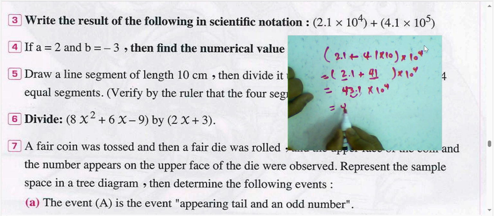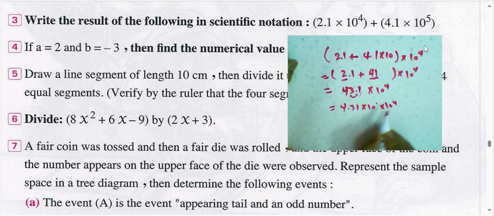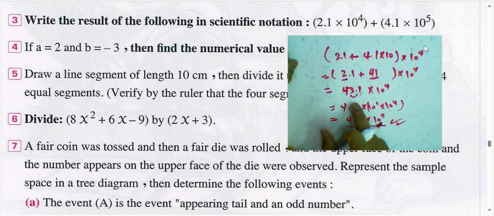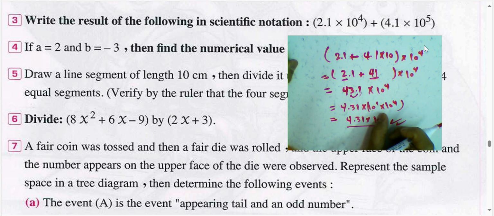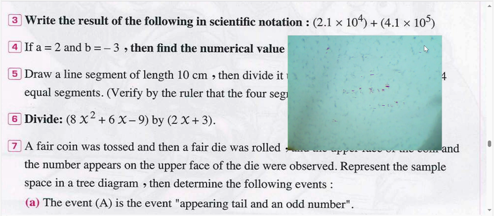The result will be 4.31 times 10 to the power 1, because we moved the point left by 1 place, times 10 to the power 4. And also we can write the result as 4.31 times 10 to the power 4 plus 1, which equals 5. So we convert to scientific notation by moving the point left by 1 place, and then add the powers, because we have the same bases, we must add the two powers. The result will be 4.31 times 10 to the power 5.